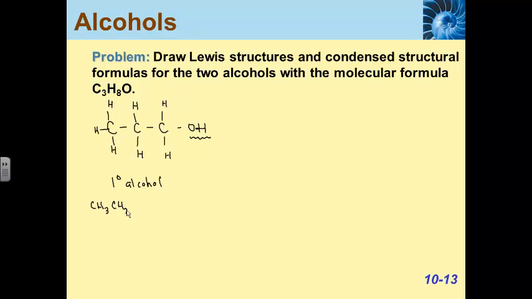CH2, the second carbon, has 2 hydrogens. CH2, the third carbon bearing 2 hydrogens, and then OH, the functional group. Now to complete the octet on the oxygen, we would need to draw in 2 dots on the top and bottom to give it the octet, so that every atom has indeed achieved the number of electrons like its noble gas.